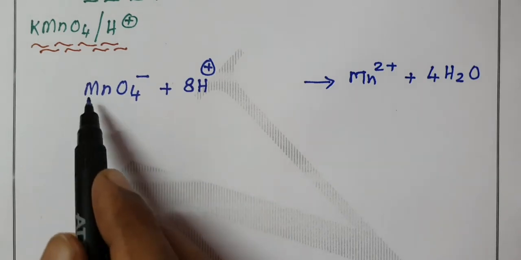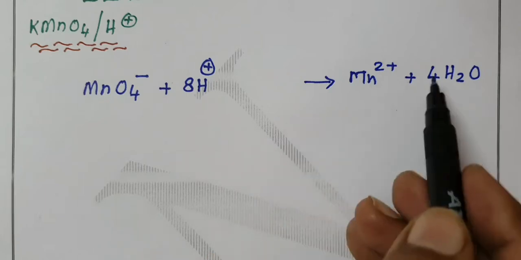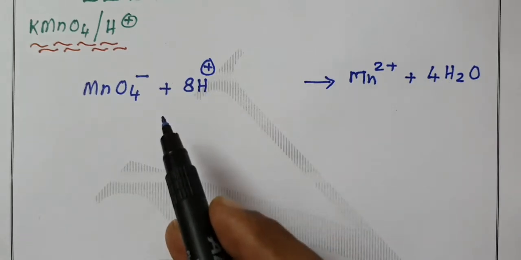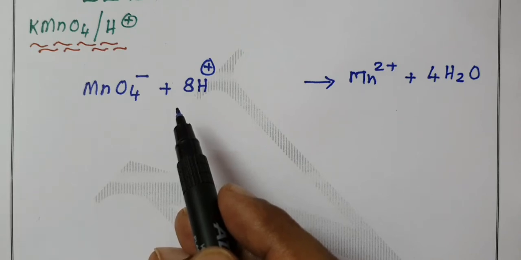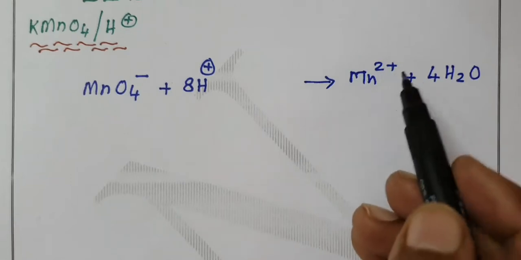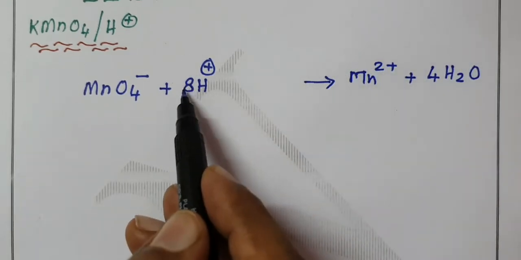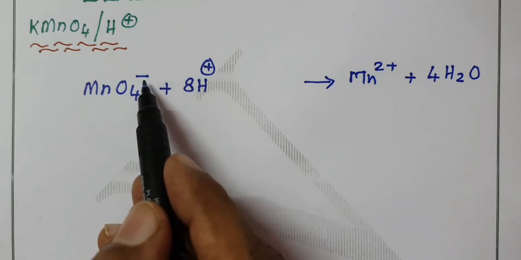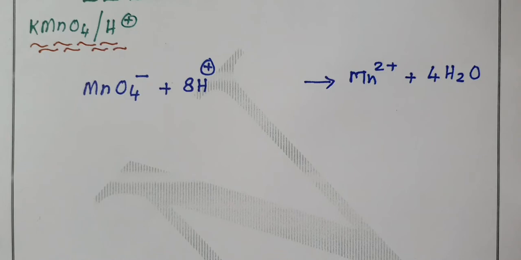Now the elements are balanced, the oxygens are balanced, and the hydrogens are also balanced. Finally, we have to balance the number of charges on both sides. On the right hand side we have a total of 2 plus. On the left hand side, 8 plus and 1 minus gives 7 plus.